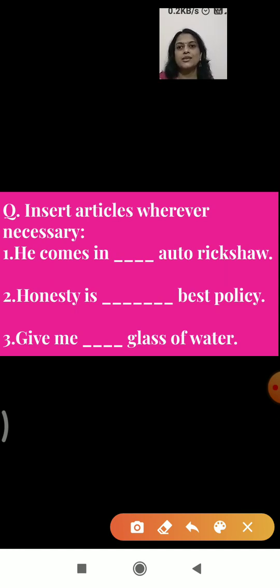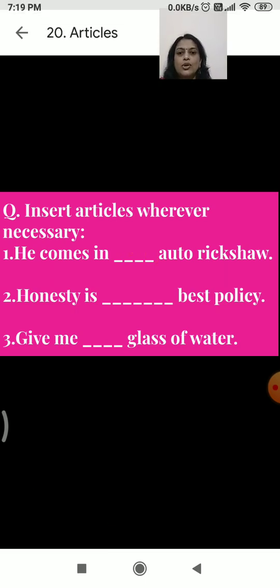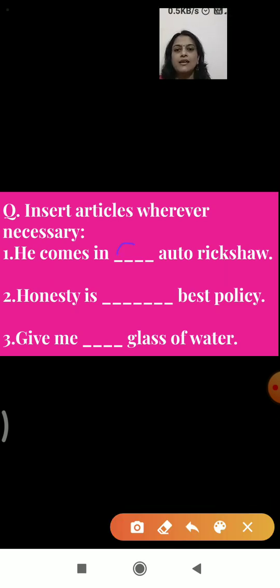So what will be the answer? He comes in an auto rickshaw, because it is a vowel sound.